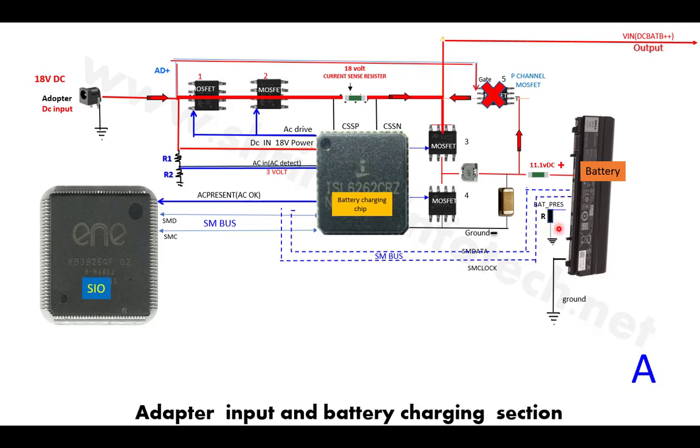Now if a battery needs a charge, the battery starts communicating with the SIO, and then this communicates with the battery charging chip, and then the SIO starts switching these two MOSFETs. This starts switching, and then the 19 volt generates a pulsating AC voltage that passes to this coil, is gathered across this capacitor and filtered by this capacitor, and this 11.1 volt enters into the battery, and so the battery starts charging. In this way this circuit works.